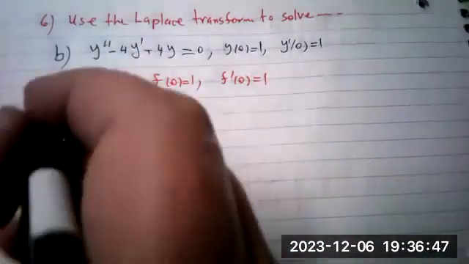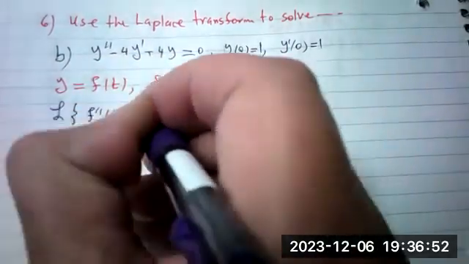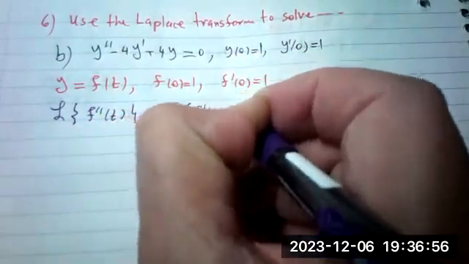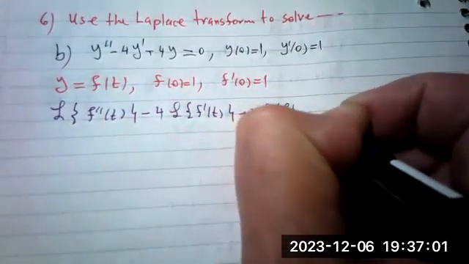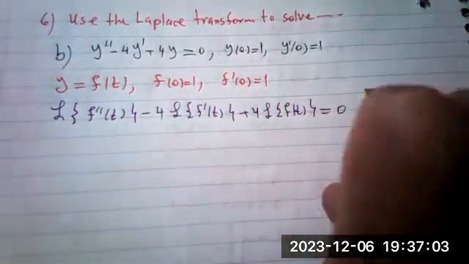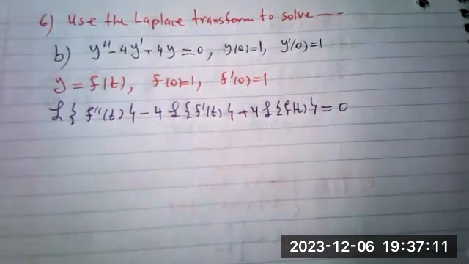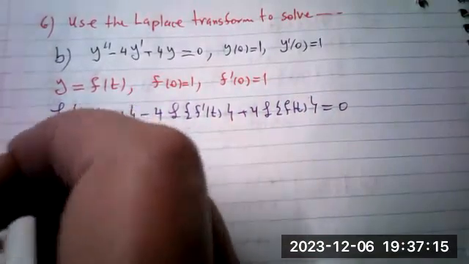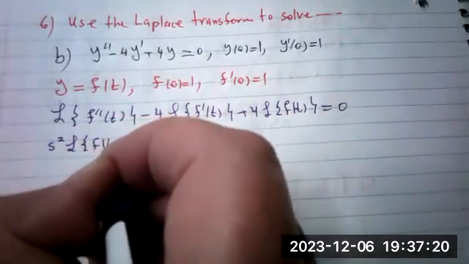So it would be the Laplace of f double prime of t minus 4 Laplace of f prime of t, plus 4 Laplace of f of t equal to 0. Now bring the formula for the Laplace of the derivative of the functions. We know that for f double prime it is going to be s squared Laplace of f of t.